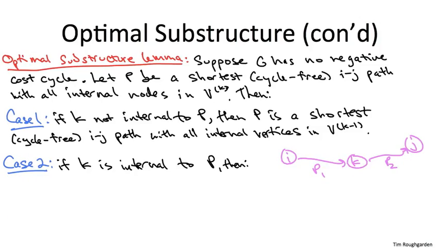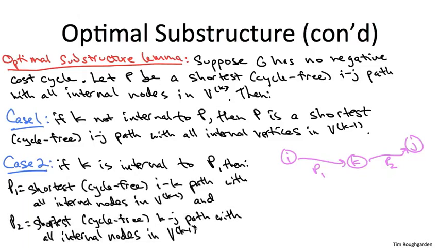Similarly, strictly between k and j in P2, there are only vertices between 1 and k minus 1. Thus, both of these paths P1 and P2 can be thought of as feasible solutions to smaller subproblems, subproblems with an even tighter budget of k minus 1 on the internal nodes that are allowed, and these aren't just feasible solutions for smaller subproblems, they're optimal solutions as well.